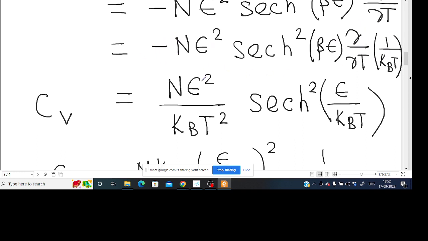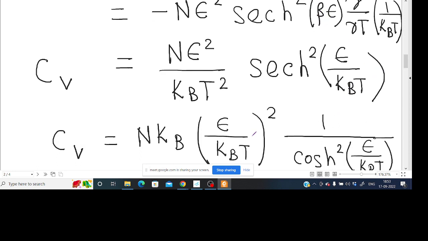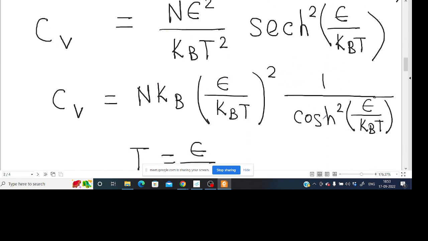These two cancel out. You will get n epsilon square by kBT square into sec hyperbolic square epsilon by kBT. Here we have used that beta is equal to 1 by kBT. Now this can also be written as n kB times epsilon by kBT whole square by cos hyperbolic square epsilon by kBT.